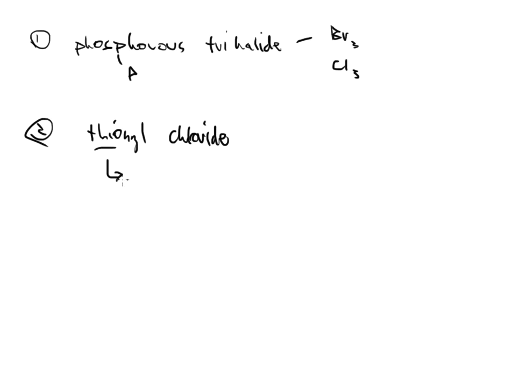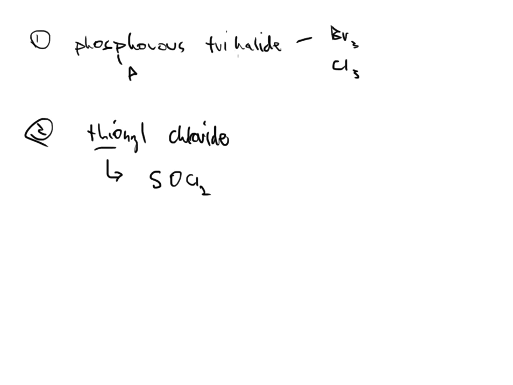If I see a name that has thio in it somewhere, I'm going to automatically go to a little old town called Sulfur. So thionyl chloride means sulfur with chloride, and this marriage takes place with the help of an oxygen, and we actually need 2 chlorines along for the ride. So SOCl2 is the thionyl chloride that we're going to be referring to.